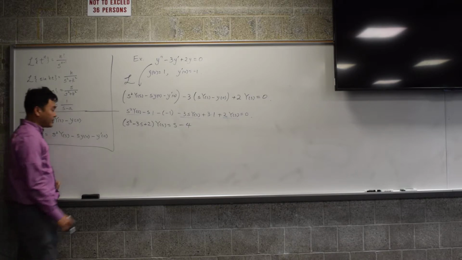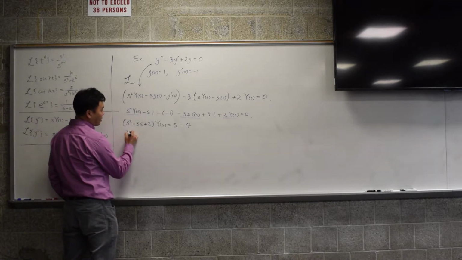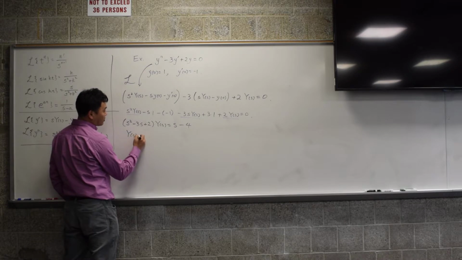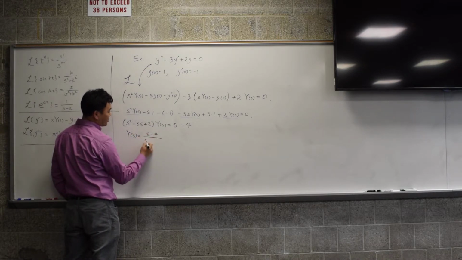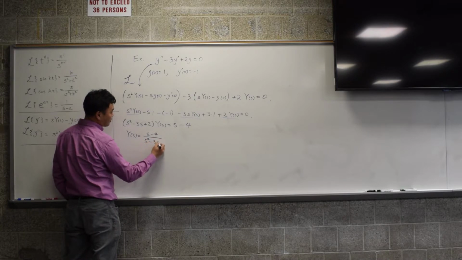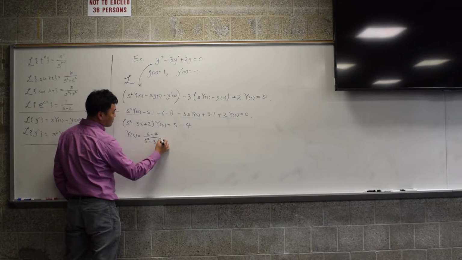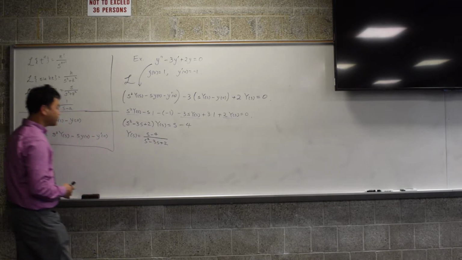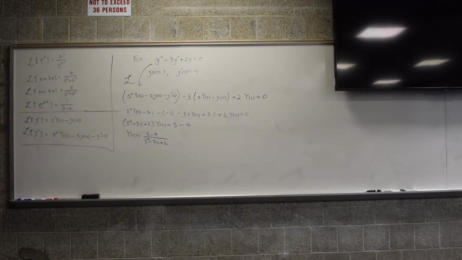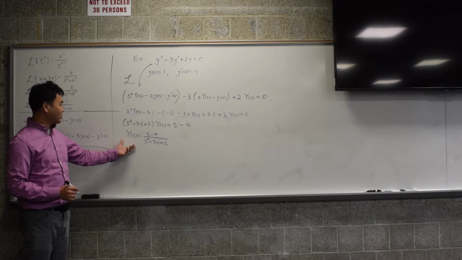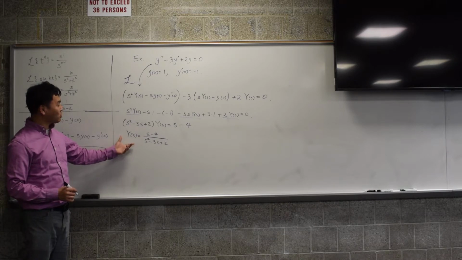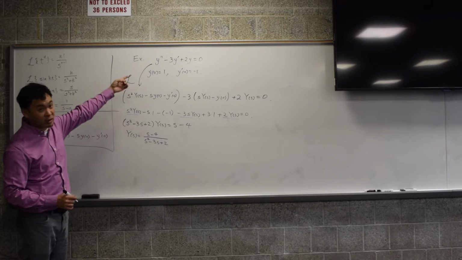And then you have y of s equal to s minus 4 over s squared minus 3s plus 2. So we solved for capital Y of s, which seems like a solution, but it's not the solution we are looking for because we want lowercase y of t.